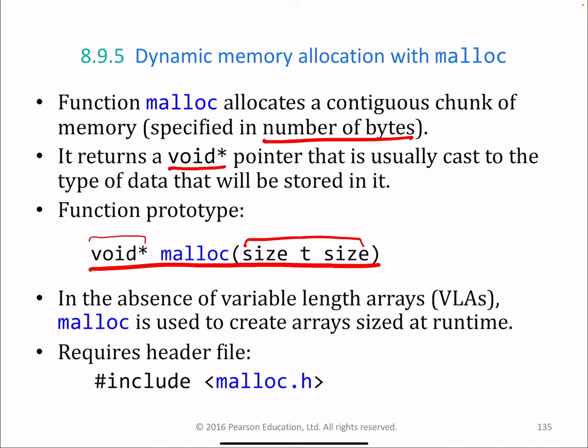Now, whenever you're working on a platform that does not support variable length arrays, malloc is your best alternative. Unlike the other memory functions that you saw in this chapter, the malloc function requires the inclusion of a separate header file, malloc.h.